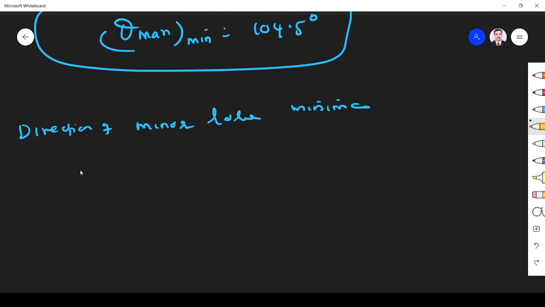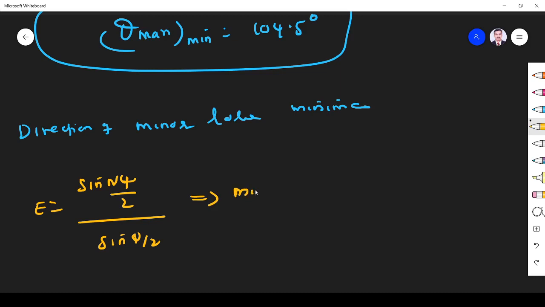Here psi is okay, sin(n psi by 2) divided by sin(psi by 2). So this implies minima occurs when sin(n psi by 2) is equal to k pi. Yes or no? Because sin pi is 0, sin 2 pi is 0.